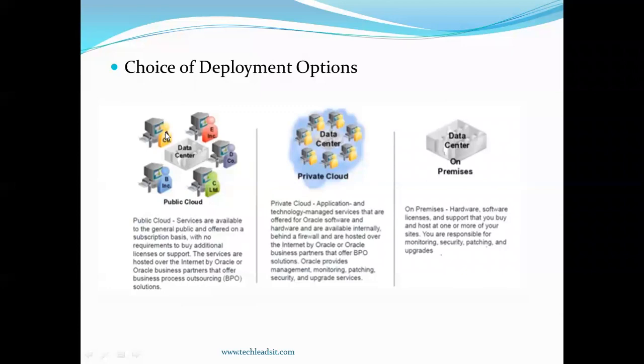In the same way, the same option will be available for the rest of the business partners also, because this is completely maintained by Oracle. There is no involvement of the organization. So any changes in the application will be available for all the business partners. That is called public cloud.